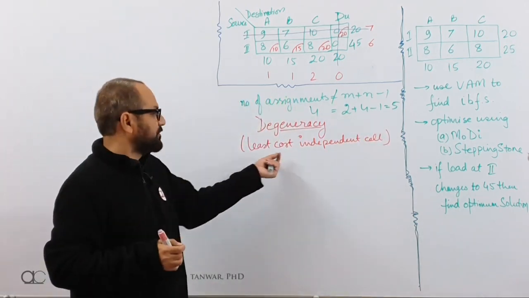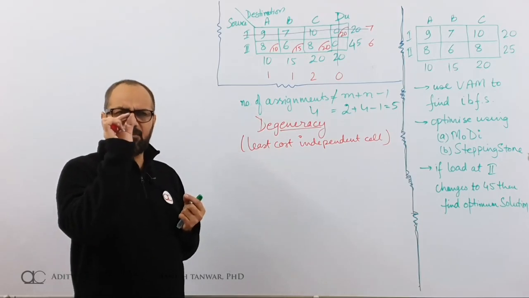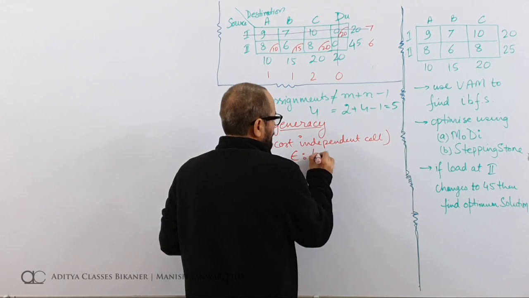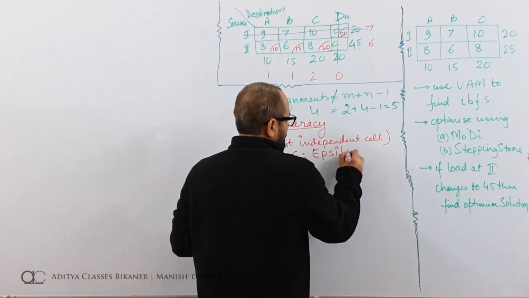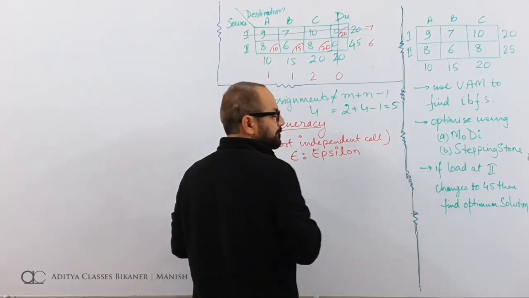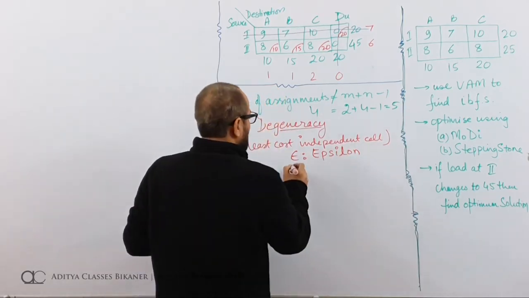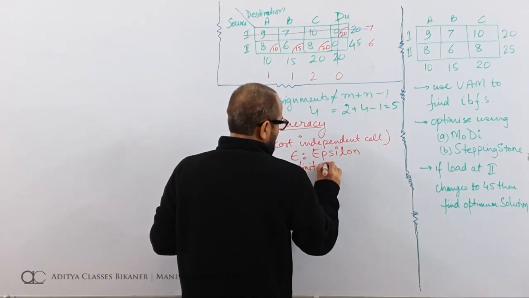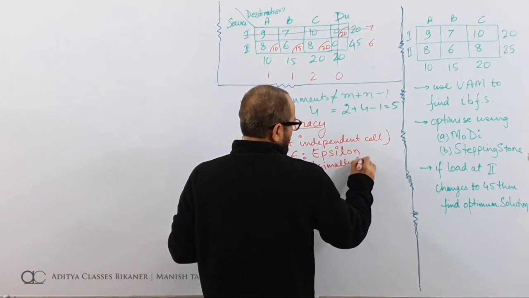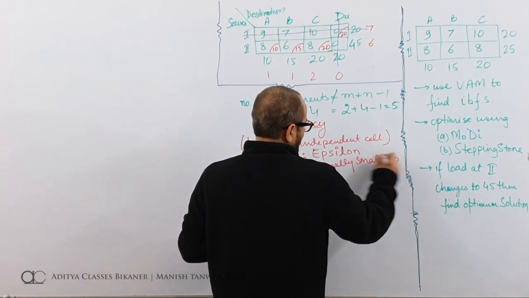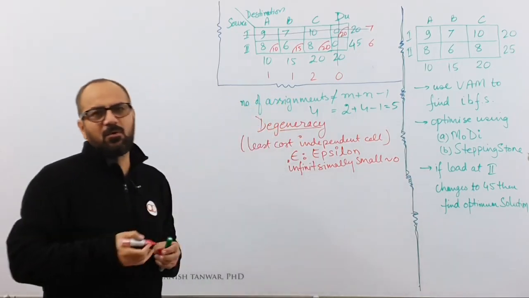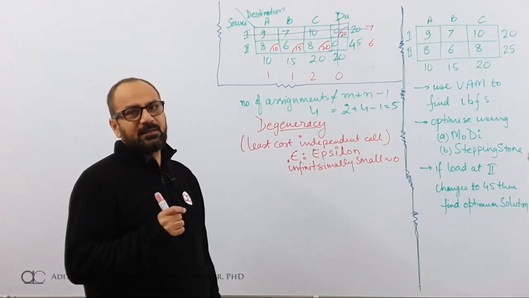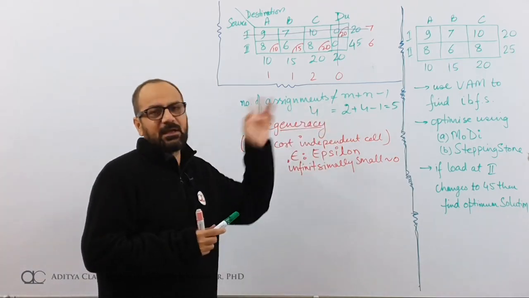Select a least cost independent cell and put a very small value epsilon, almost equal to 0. An infinitesimally small value. So practically it will do nothing, but theoretically it will remove this inequality.